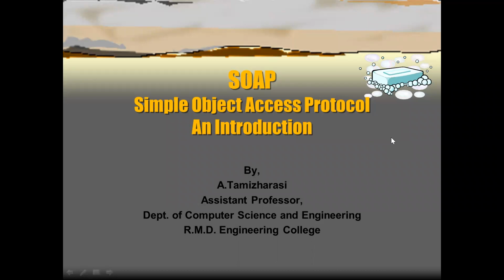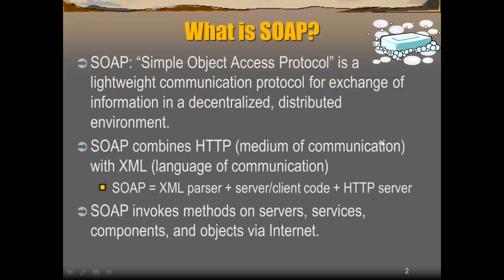So, in this video lecture we are going to see about Simple Object Access Protocol. So what is SOAP? SOAP is a lightweight communication protocol which is used for exchanging information in a decentralized and distributed environment.